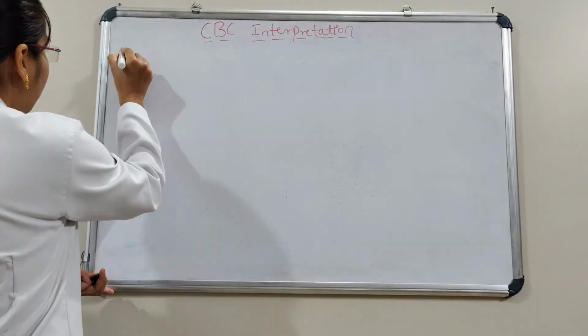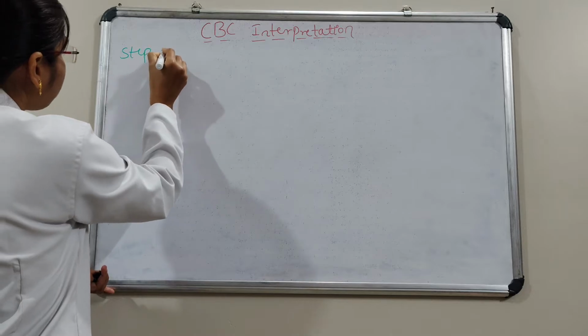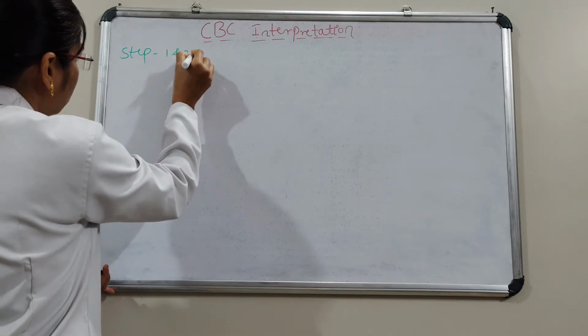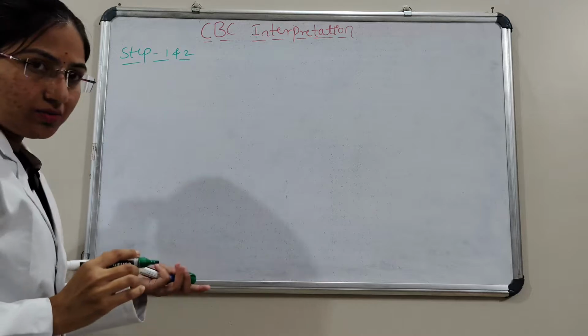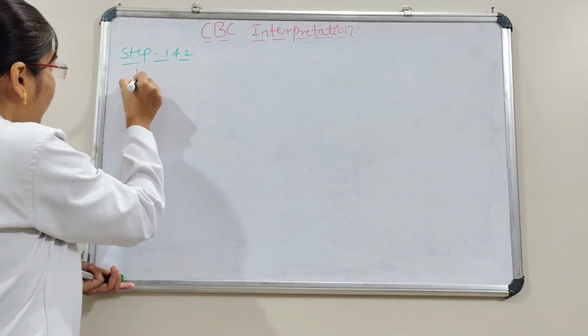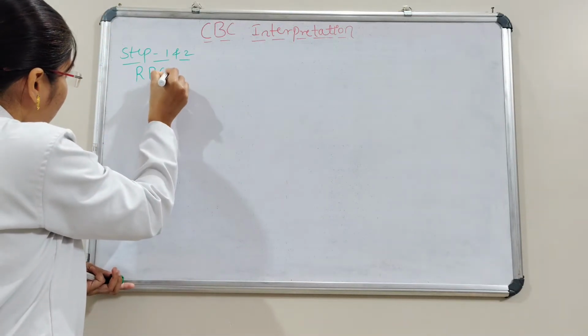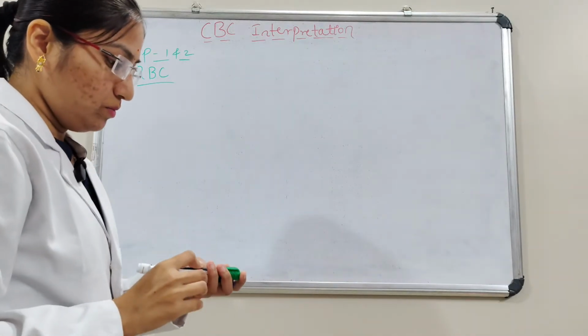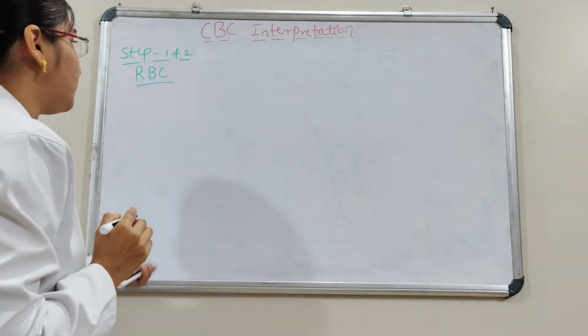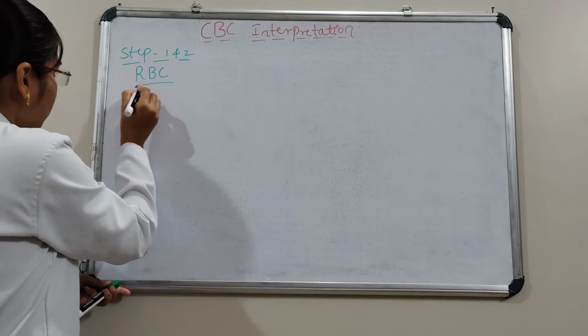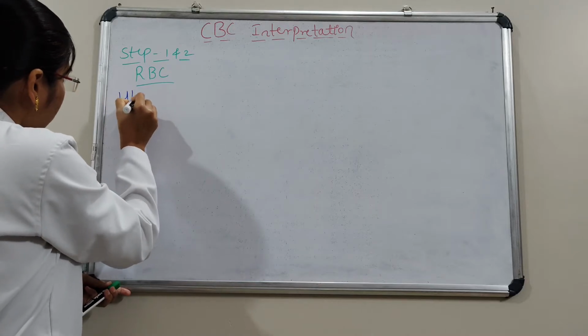First, steps 1 and 2. Here we'll see about RBC, red blood cells. Here we'll see HB.